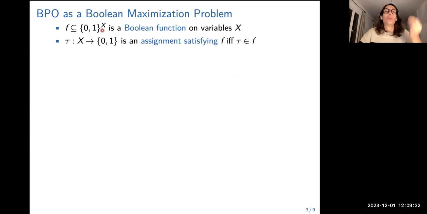To each variable, we can assign a 0 or 1, so a Boolean value, and any subset of those assignments can be a Boolean function. We say that a specific assignment tau satisfies f if and only if tau is in the subset that was picked at the beginning.